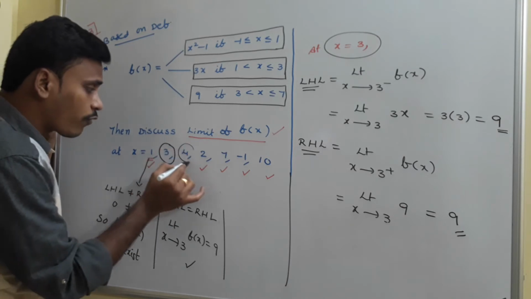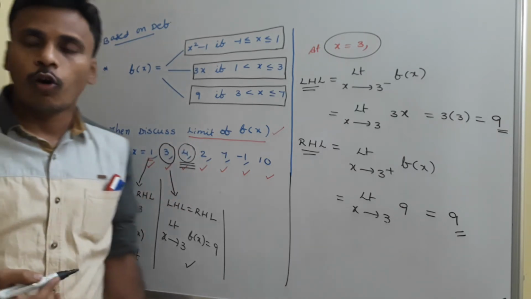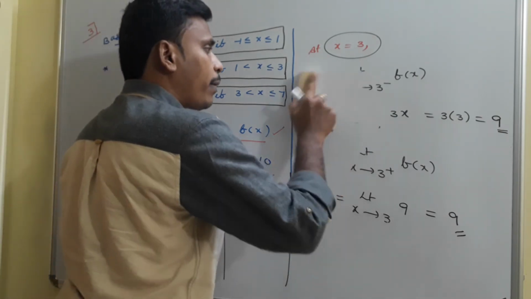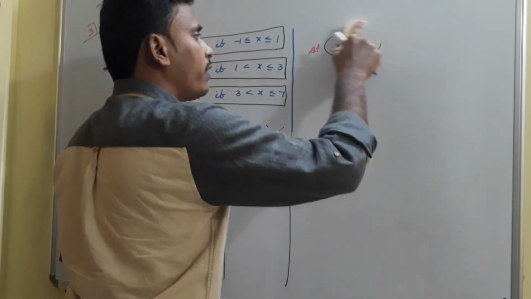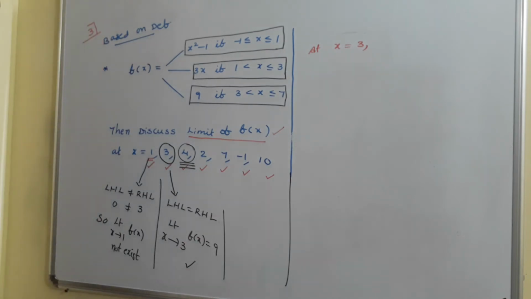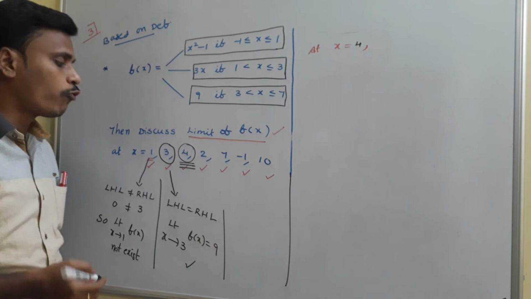Now you need to find the limit of the function at x is equal to 4. Again for the space I am erasing this. Everybody, just pay attention and have a look. At x is equal to 3 we saw the result, so what do you say about the limit at x is equal to 4?